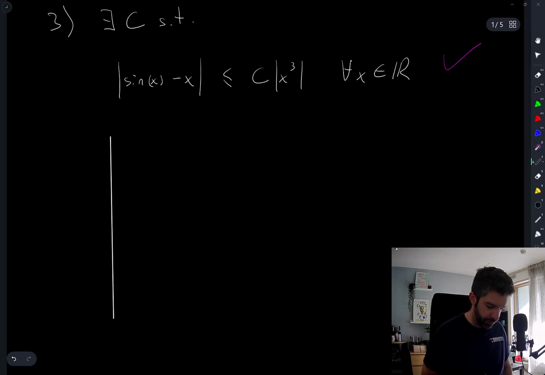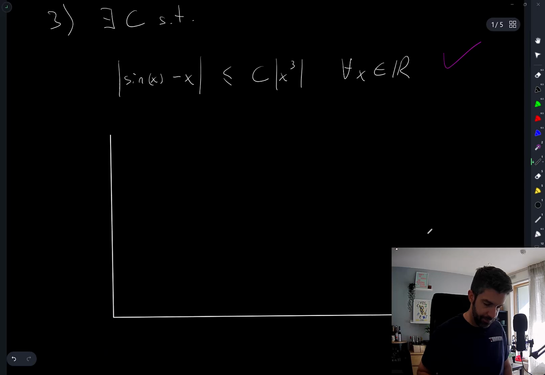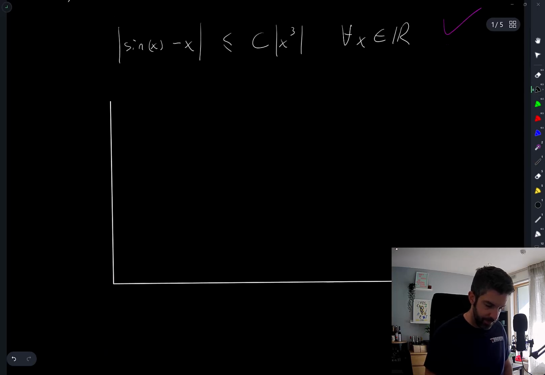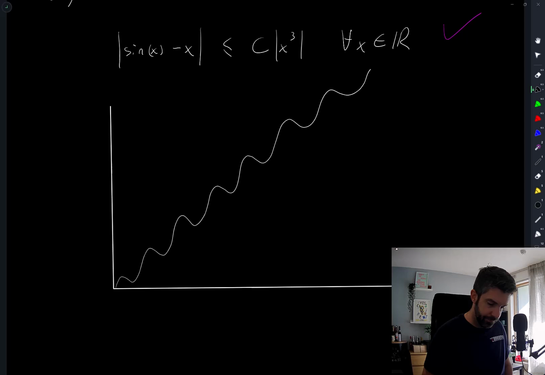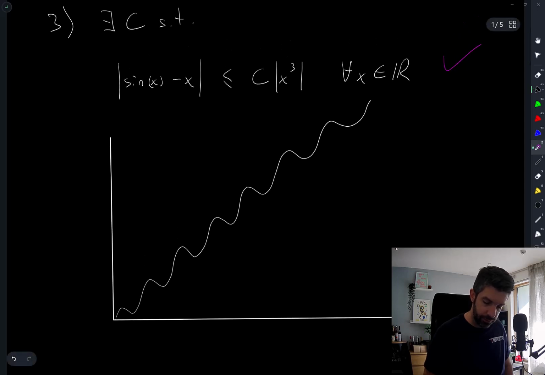I'll only do it for positive values of x, but instead of plotting sine x minus x, I'll plot x minus sine x, and x minus sine x looks something like this, right? Which grows linearly as a function of x. The large growth is linear, which is certainly going to be less than cubic.